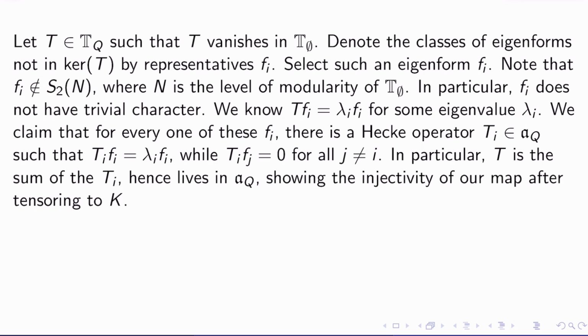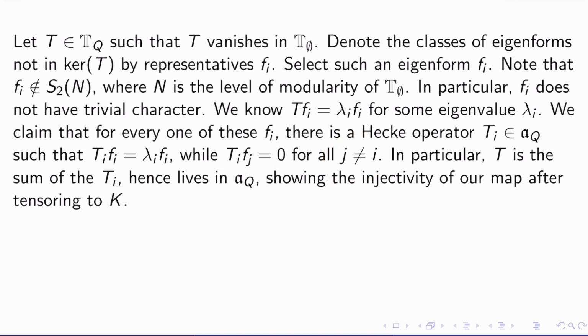We claim that for every one of these f_i's with this property, there is a Hecke operator T_i in A_Q such that T_i f_i is also λ_i f_i, whereas T_i f_j is 0 when j isn't i.